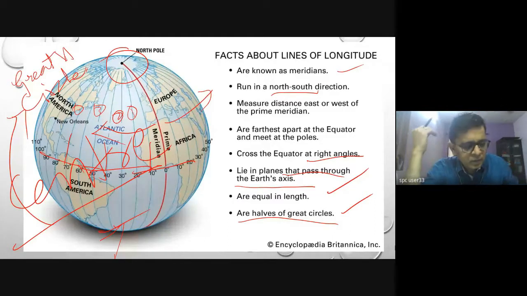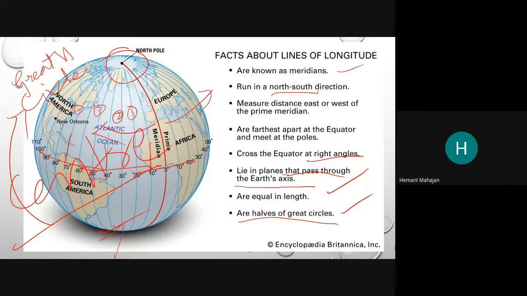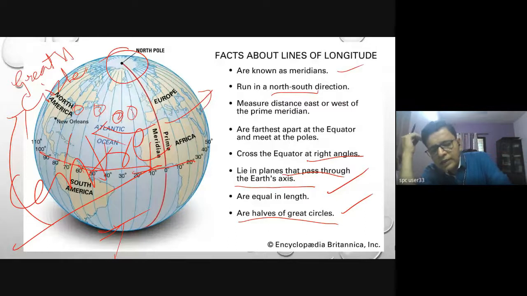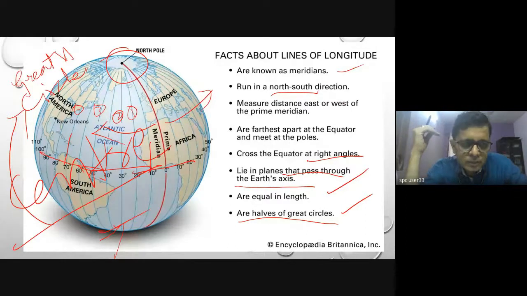Any idea? Equator. The equator is the greatest circle, the largest great circle. And what exactly does a great circle mean? 0 degree latitude. No, no, no. I gave you a hint when I was explaining these characteristics of longitude.